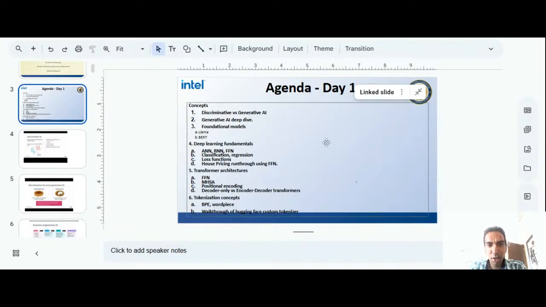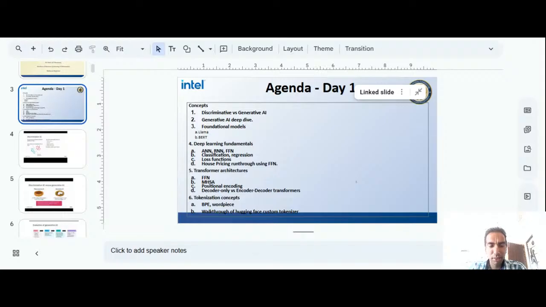So this was the agenda of day one, right? First, we discussed the context. What is the difference between generative AI and discriminative AI? Can anybody answer? Why generative AI? Why not just continue with ANNs or machine learning?